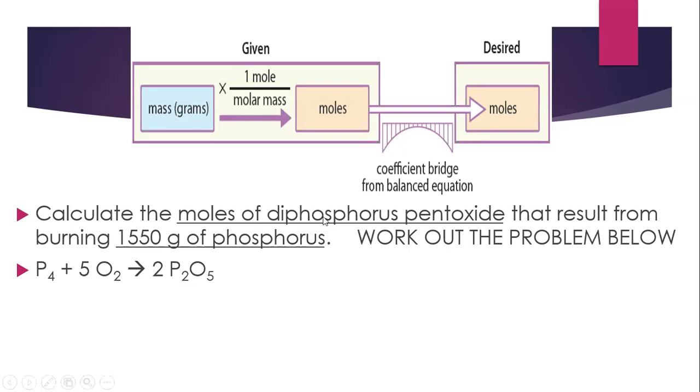Okay, so moles of diphosphorus pentoxide. We are trying to find this, and we are given 1550 grams of phosphorus. So we are comparing phosphorus and diphosphorus pentoxide. This is our given, and this is what we're trying to find. We set up first with our given: 1550 grams of phosphorus. We write P4 because P4 is the phosphorus.